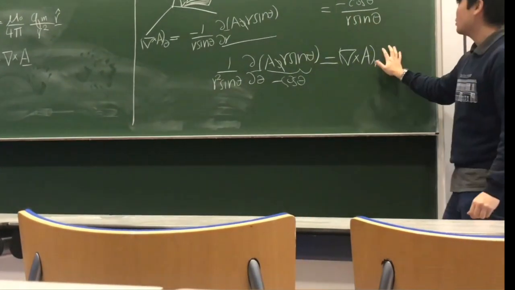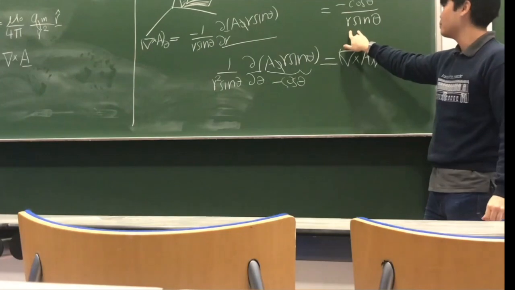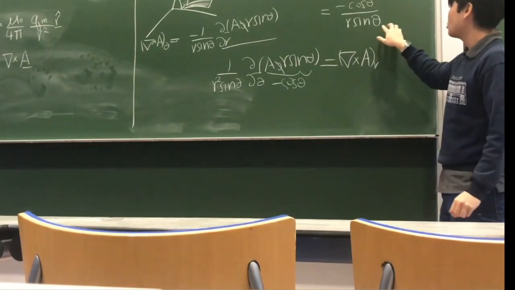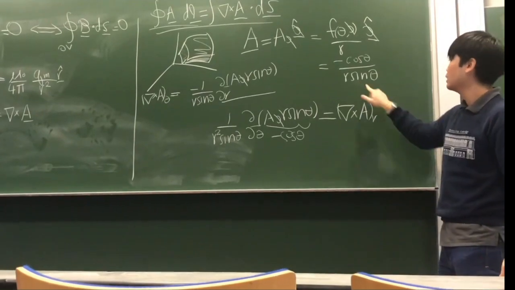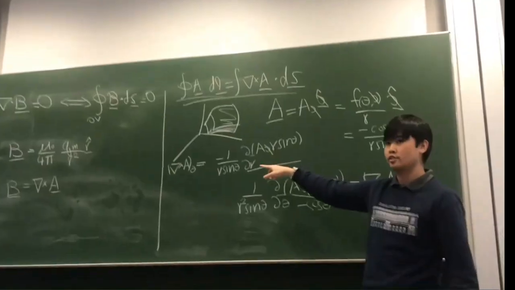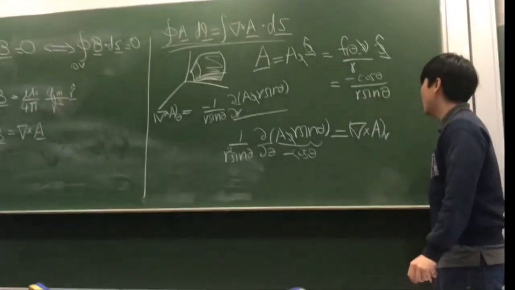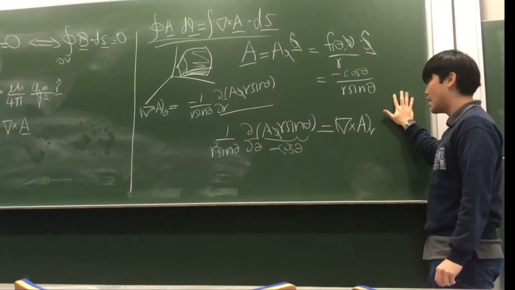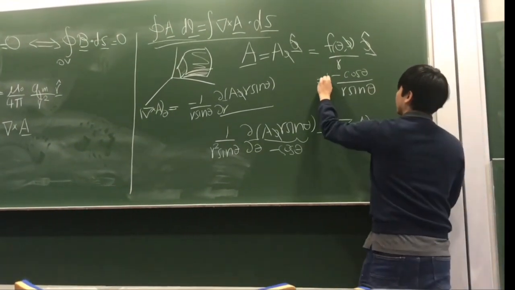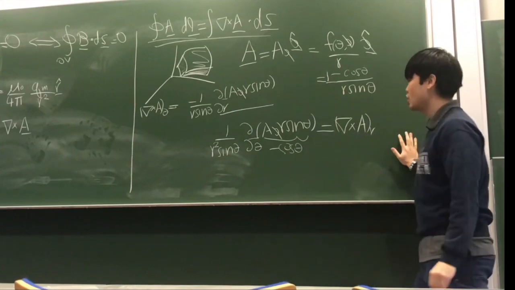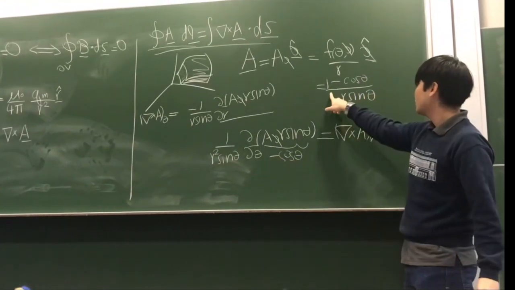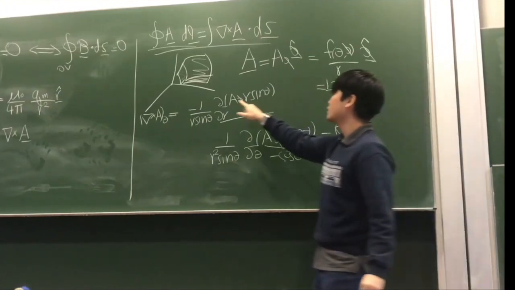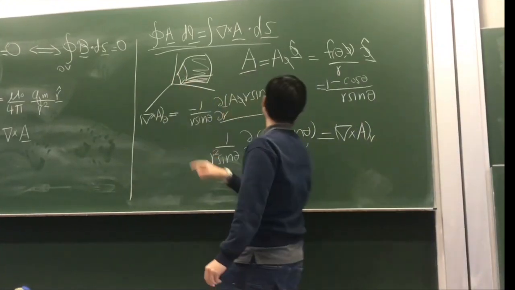Now, you might already see that this A has a bit of a problem because we have a singularity whenever sine theta is 0, which means that the whole z-axis is a singularity. Now we actually can get rid of half of them by just adding one here, because that doesn't change the partial derivative there. And that gets rid of the singularity over the plus z direction.